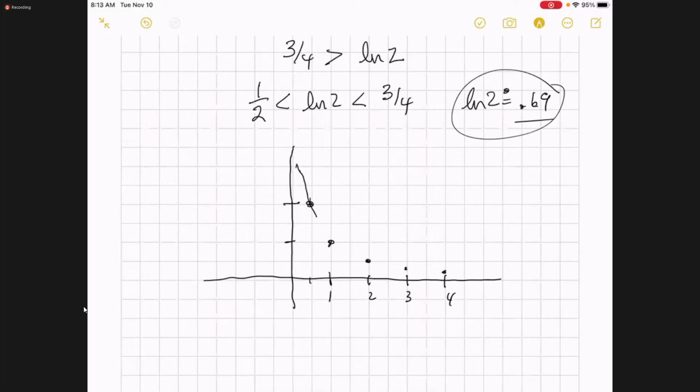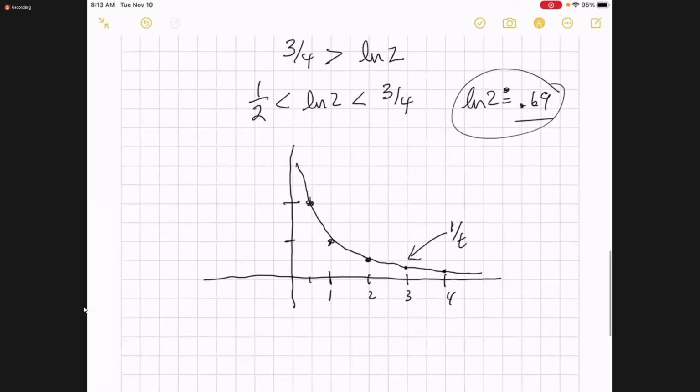Here's 1/t again. If I look at the integral from 1 to 3 of 1/t dt, well, that would be ln of 3. Again, it's not that easy to figure out exactly what that number is, but we know something about it.